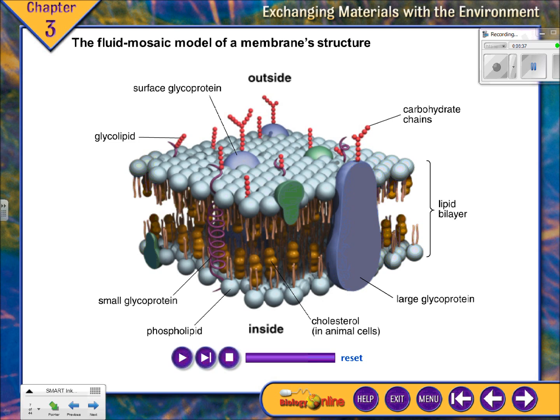And I can fairly easily get these phospholipids to change location. It's rarer, but it can even happen where they swap sides. But that's going to be a quick thing. There must have been some push or energy provided to get them to move like that. But the point is, moving like this is very easy, and that's why they call it a fluid.